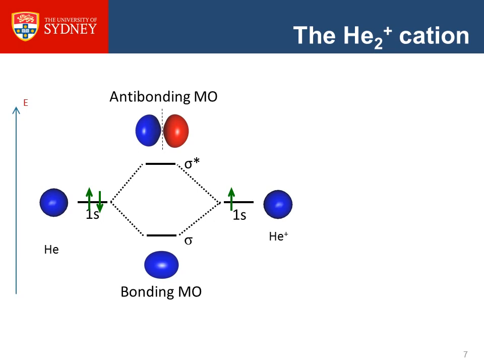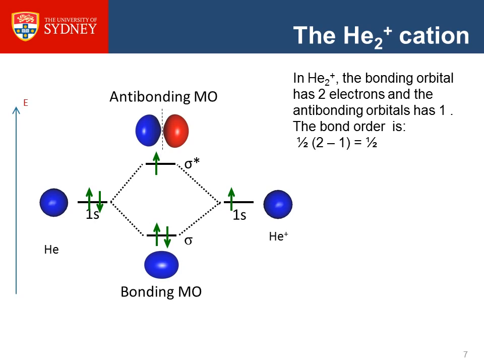Let's imagine that this cation is formed by the approach of one helium atom with 2 electrons to one helium plus cation with 1 electron. Their molecular orbitals will be formed and filled initially with 2 bonding sigma electrons and a single sigma star electron.